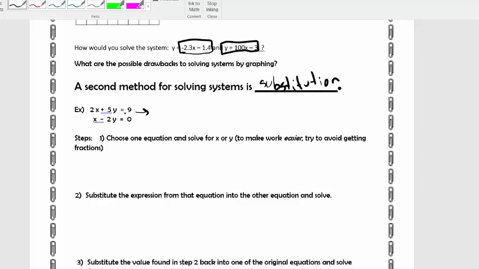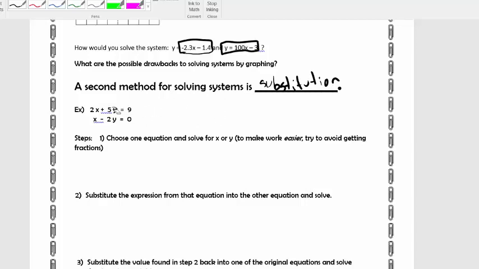So for example, if you were to solve for y in the top equation, you would get y equals negative 2/5 x plus 9/5. So that's legit. You can work with that, but it's not very convenient. So I probably wouldn't use that one.